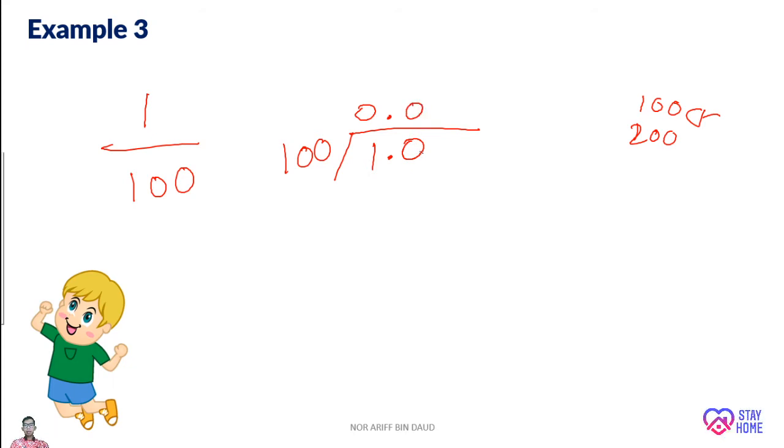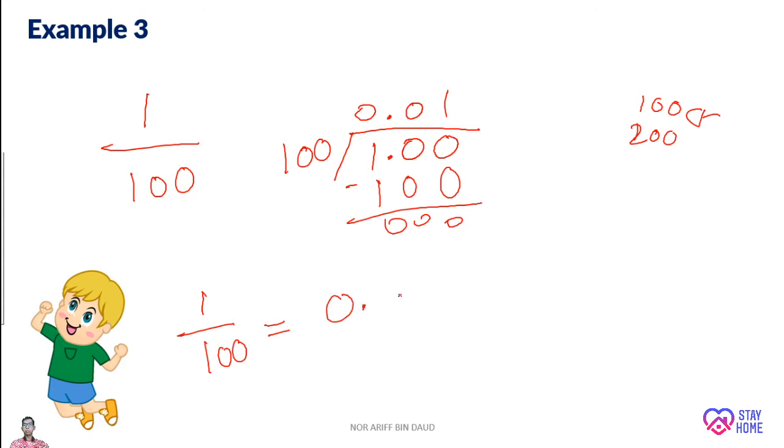Then put another 0, and the number already becomes 100, so you put 100 here and then you subtract, so the number becomes 0. So 1 over 100 equals 0.01.